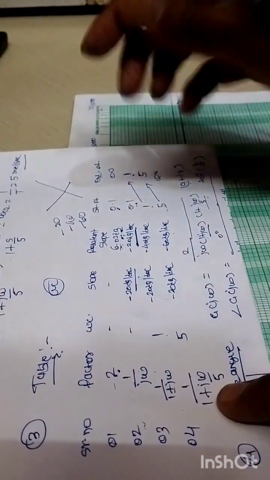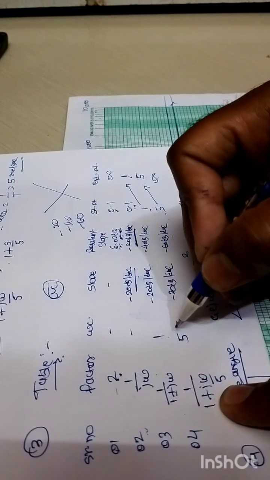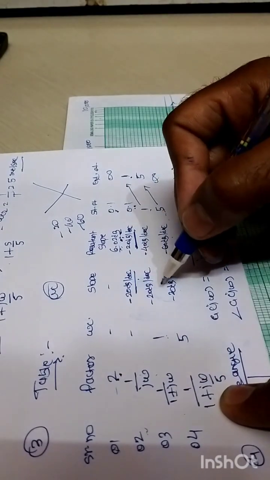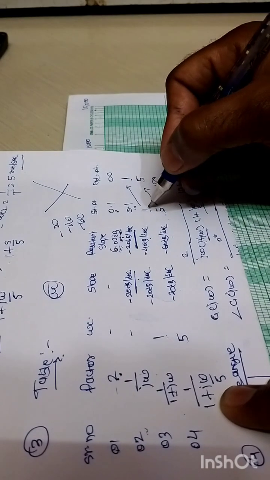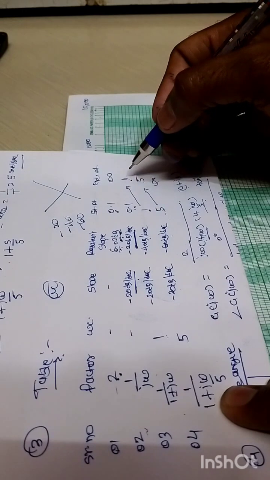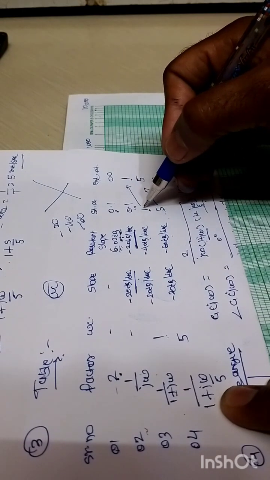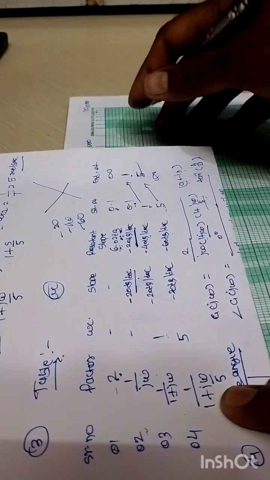Then after that, the third factor, 1 over 1 plus j omega, whose corner frequency is 1, whose resultant slope is minus 20 dB per decade, whose starting point is 1, right? Whose starting point is 1 and whose end point is nothing but what? 5 radian per second, right?